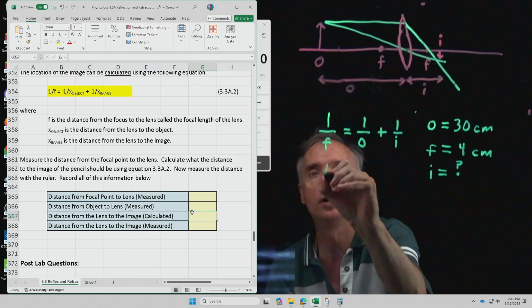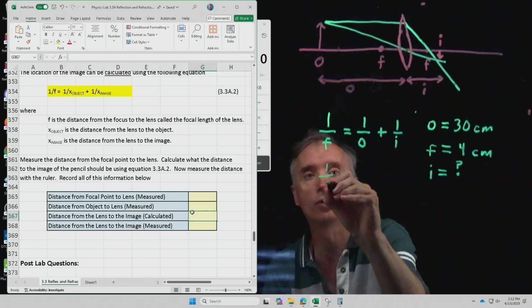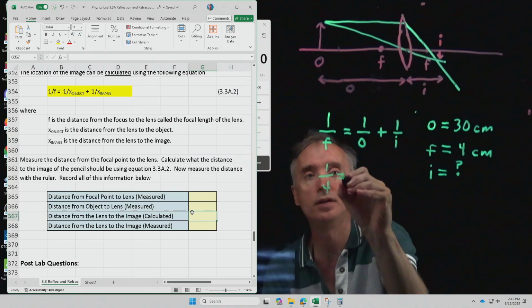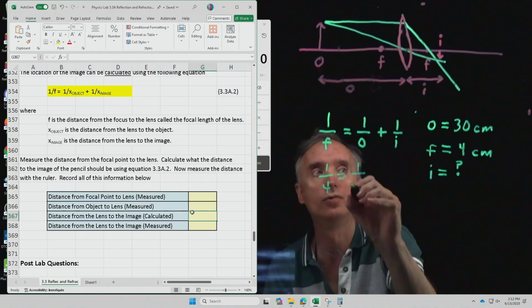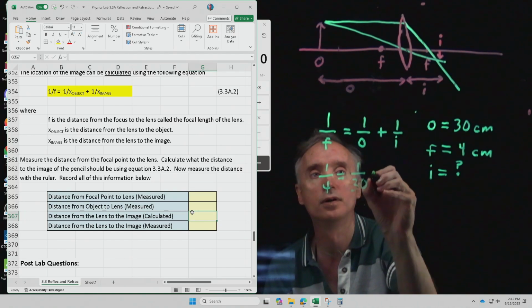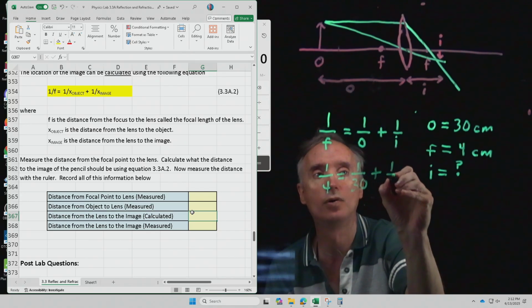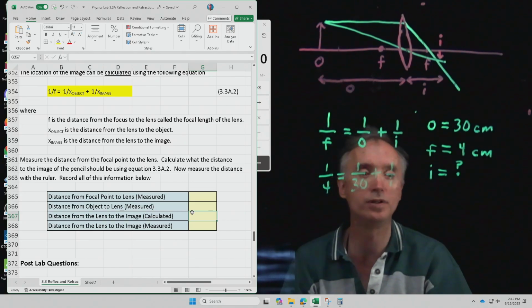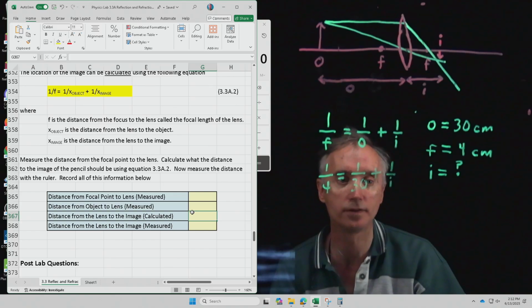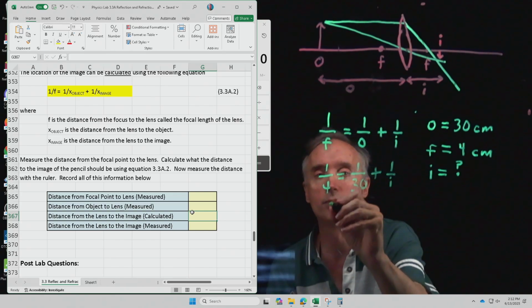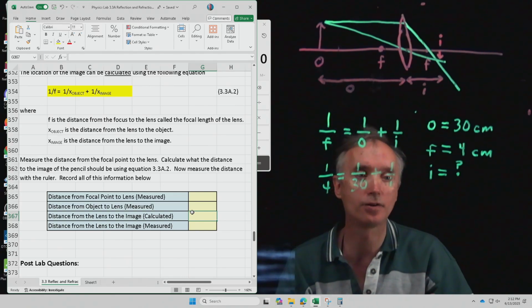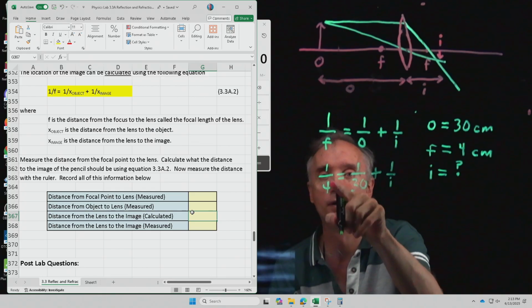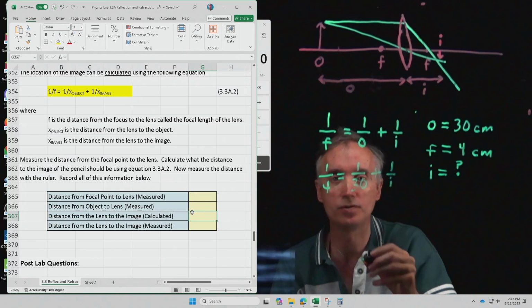So we're going to have 1 over 4 is equal to 1 over 30 plus 1 over I. We don't know what I is yet. 1 divided by 4, I don't even need a calculator for that. 1 divided by 4 is 0.25.